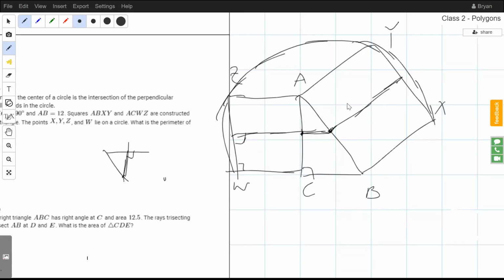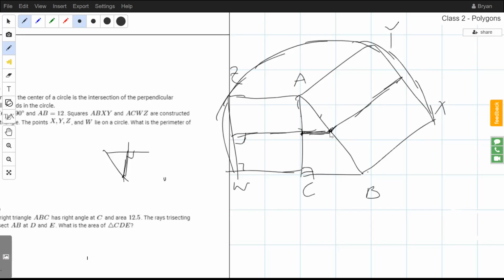And if you're not convinced, you can assume that it does not pass through the same point. However, since this line is parallel to CB, we can show that this small right triangle is similar to ACB, which means that the ratio of side lengths has to be 1 to 2. This is the midpoint, so it has to be the midpoint. That's basically how you can prove it.